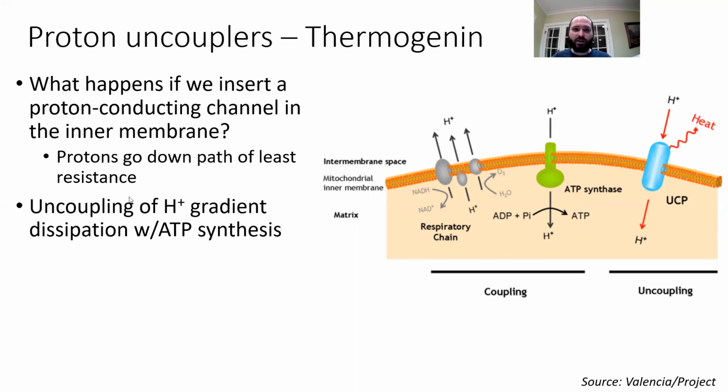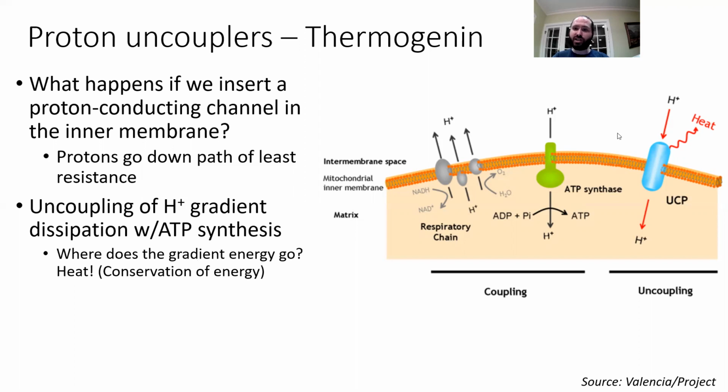So this will result in uncoupling. Remember, we couple proton gradient dissipation with ATP synthesis. This will actually uncouple those two, so that we will just have protons going through the uncoupling protein, the thermogenin.